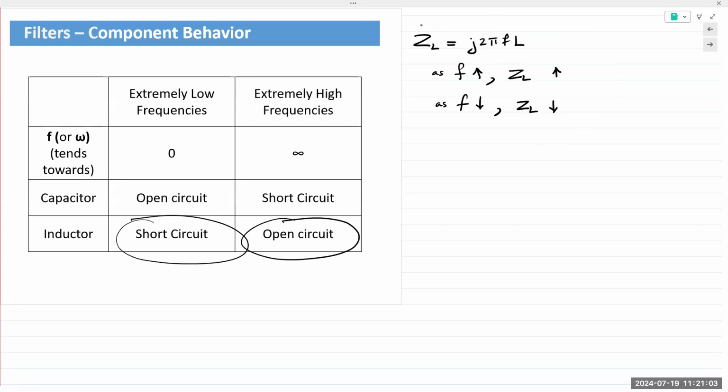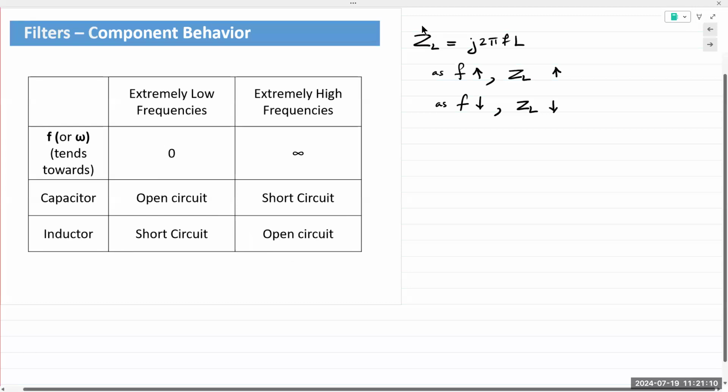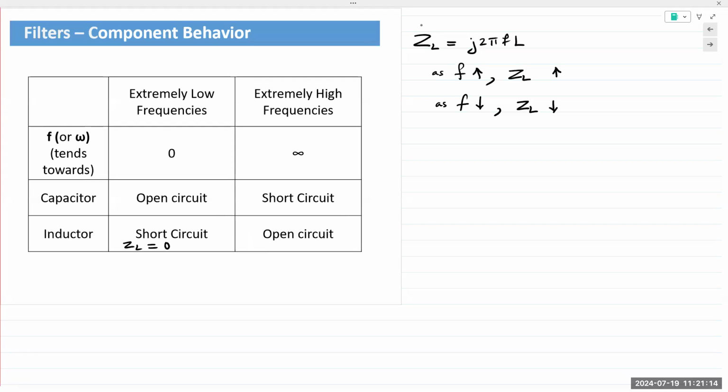So if F goes to 0, ZL is 0, right? And as F tends towards infinity, ZL also tends towards infinity, meaning it is open circuit. Make sense?